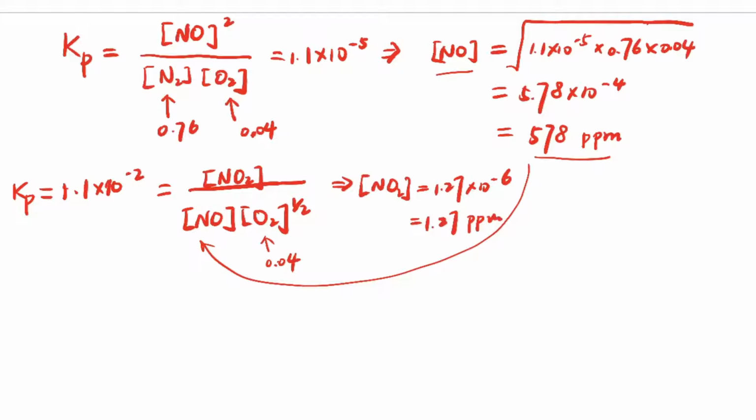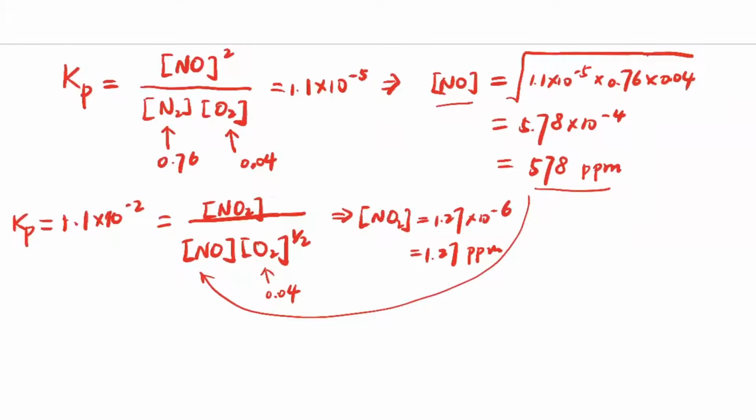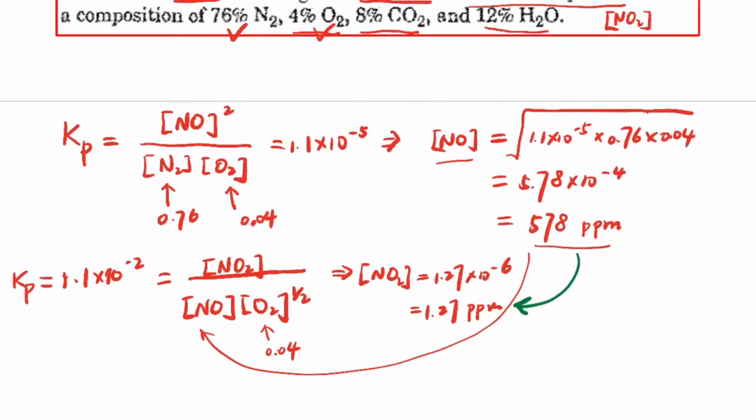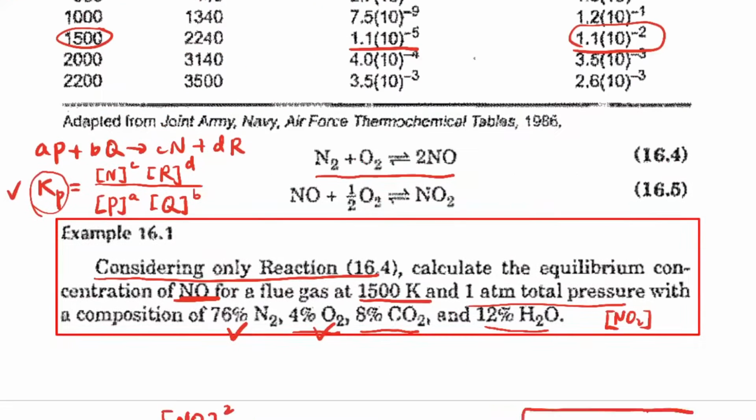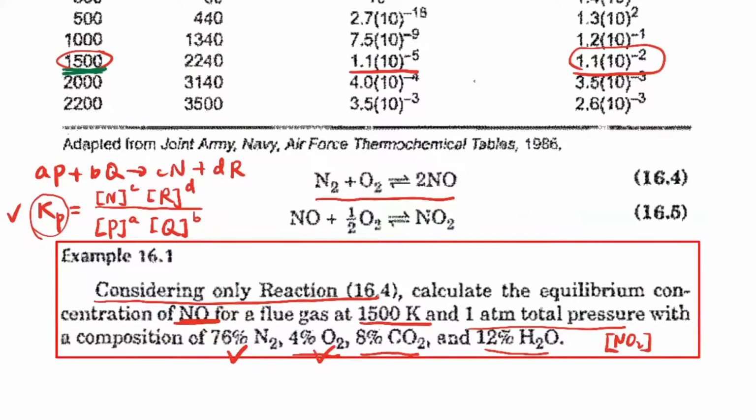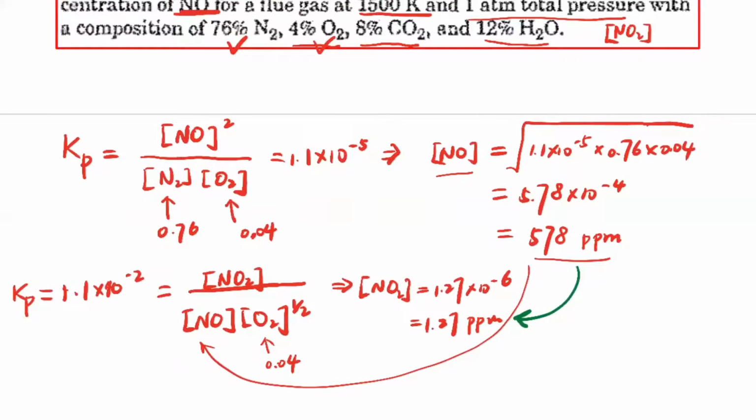This is evidence which shows that nitrogen monoxide is a more stable form compared to nitrogen dioxide at high temperatures. For example, from this problem, you can see that at least under 1500 Kelvin there's a higher concentration of the nitrogen monoxide, while there's a lower concentration of the nitrogen dioxide.